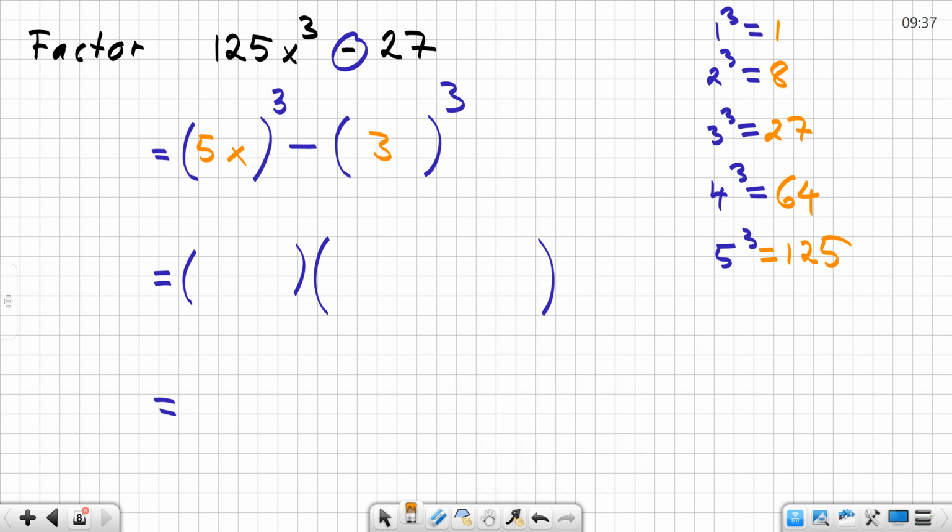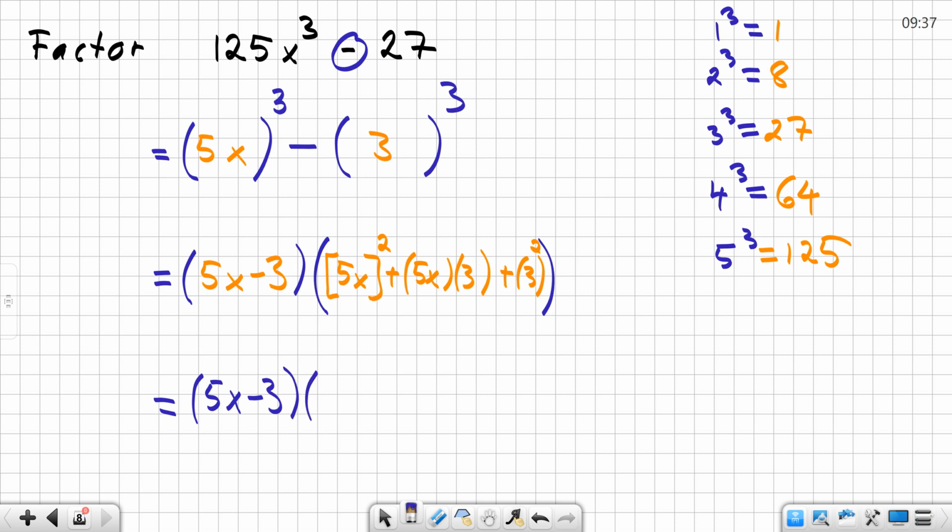So that was the same sign, 5x minus 3. The first one squared, the opposite sign, 5x times 3, plus the last one squared. And if I multiply the right factor out and simplify everything, what I will get is 5x minus 3 times 25x squared.